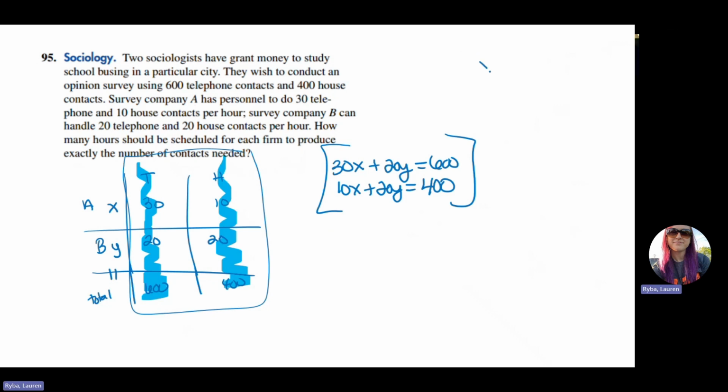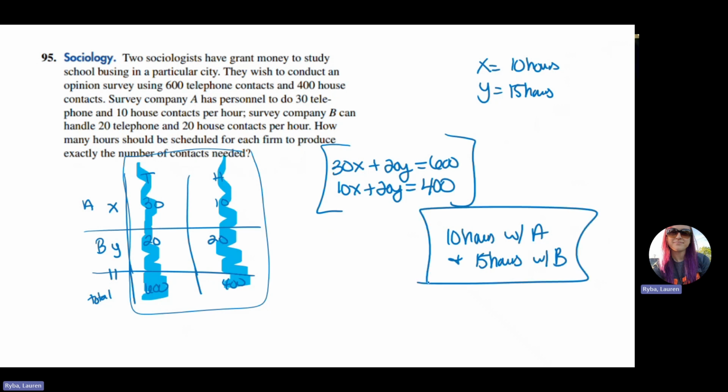So if you did this, in the end, we would get x is 10 hours, y is 15 hours. So that is 10 hours with A and 15 hours with B. It's combined. It's not just 10 hours at A is going to reach the goal. It's 10 hours at A plus 15 hours with B reaches my target goal.